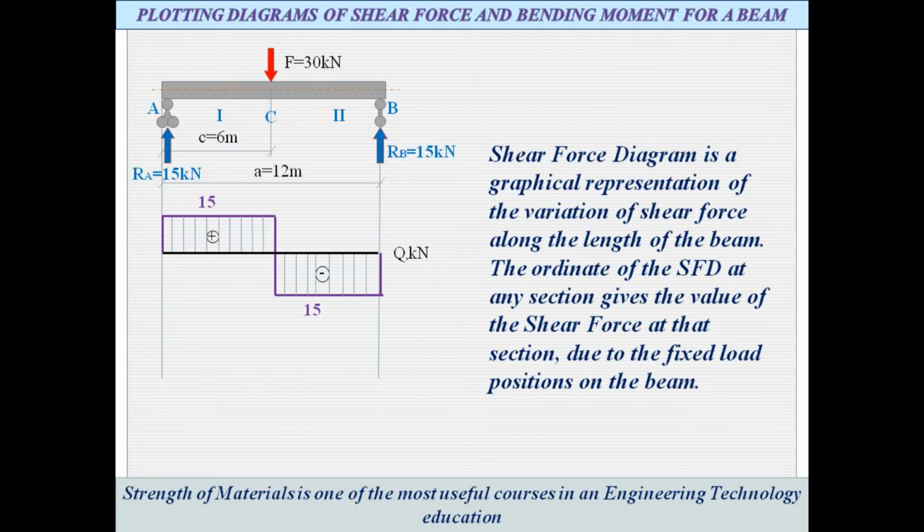To summarize the results, the shear force diagram is a graphical representation of the variation of shear force along the length of the beam. The ordinate of the shear force diagram at any section gives the value of the shear force at that section.